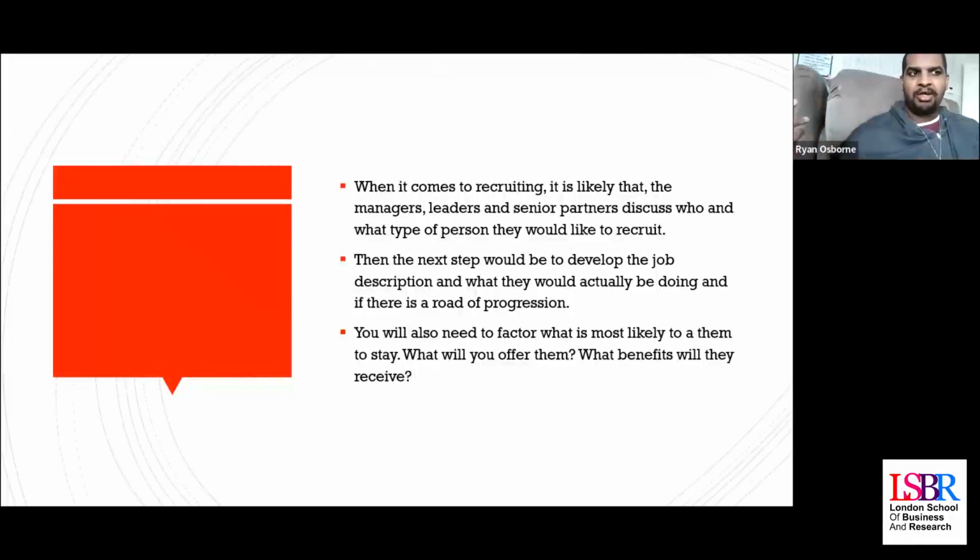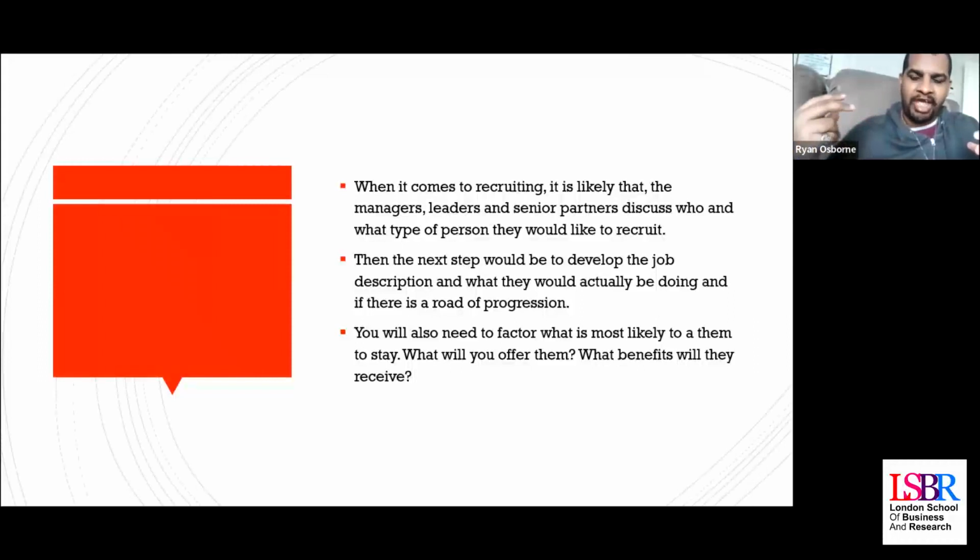Imagine it: what would it look like on a day-to-day basis as a member of staff? What would you be doing on a Monday, Tuesday, Wednesday, Thursday, Friday? What does your role consist of? What are the core tasks that you will be doing? That's all part of the recruitment process, and then we're going to look at the next part of that as well.